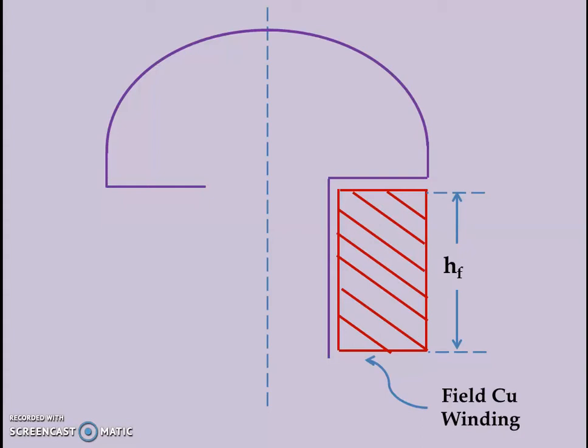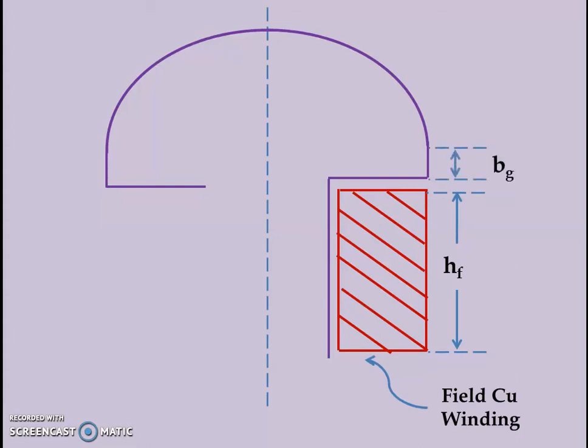In both conditions we have to adjust to accommodate our field winding, because the height of the field winding is fixed; we cannot change it. So we have to adjust the depth of the field winding to accommodate the number of turns we have now calculated.